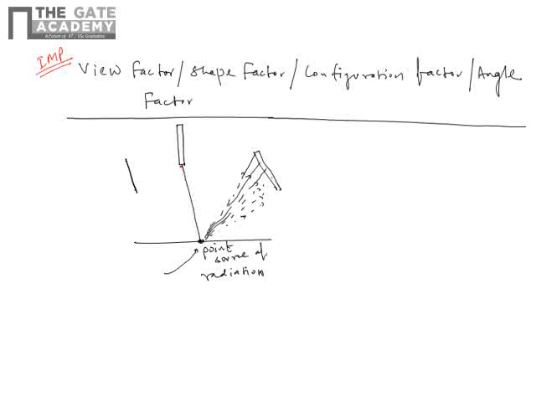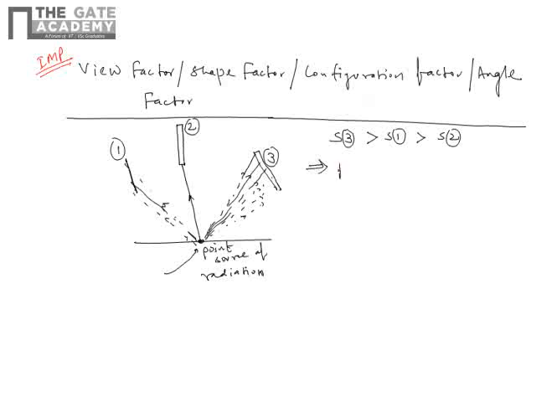If we draw here, it will go like this, and at this surface the area is like this. So if this is surface 1, this is surface 2, and this is surface 3, surface 3 will see more radiation than surface 1, and surface 1 will see more radiation than surface 2.